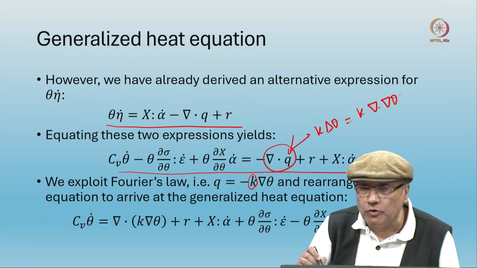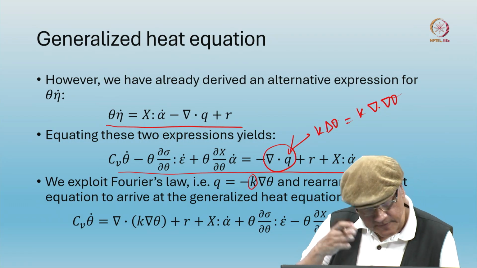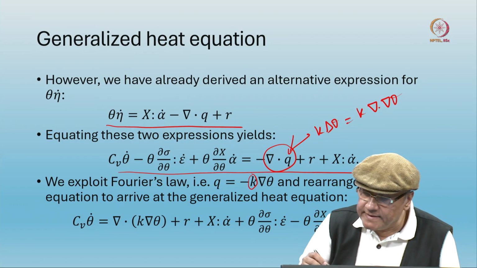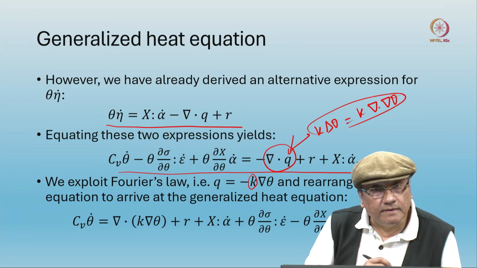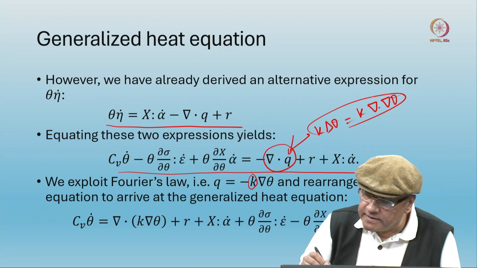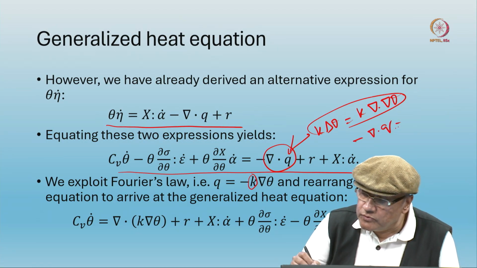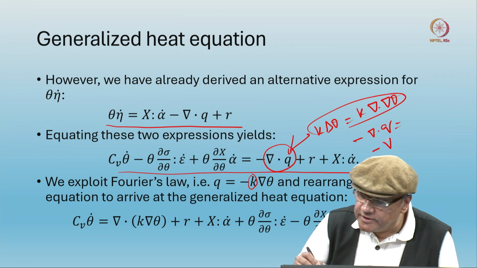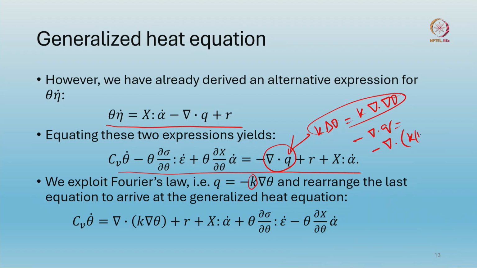If K is of course a function of theta itself, which is possible, in that case this term becomes, this is not correct. In that case, this minus divergence of Q becomes equal to minus divergence of K, which is possibly a function of theta, times grad theta.